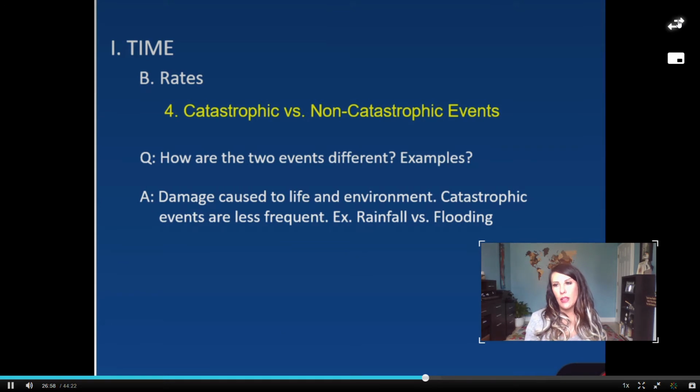And we do all of this frequency of change and recurrence intervals because it's our goal in geology to identify if events are catastrophic events or non-catastrophic events. So a lot of what my science does is we gather this information for the purposes of developing hazard mitigation maps or giving this information to things like flood insurance.